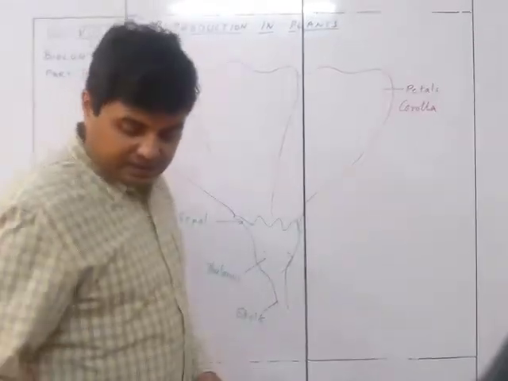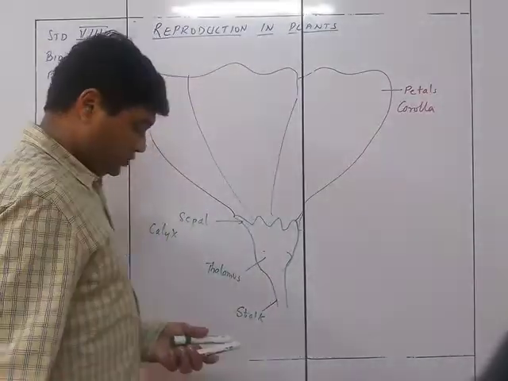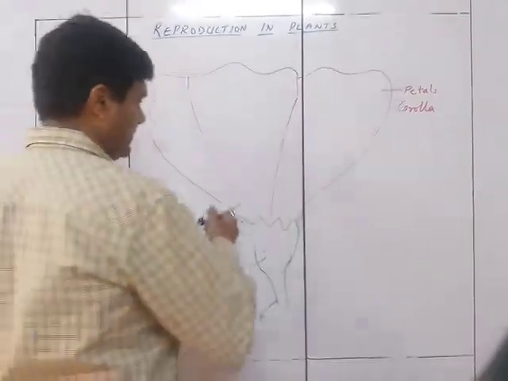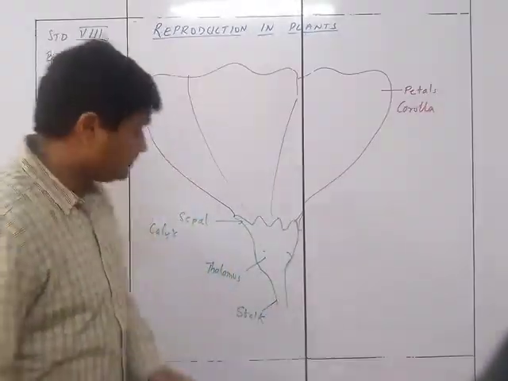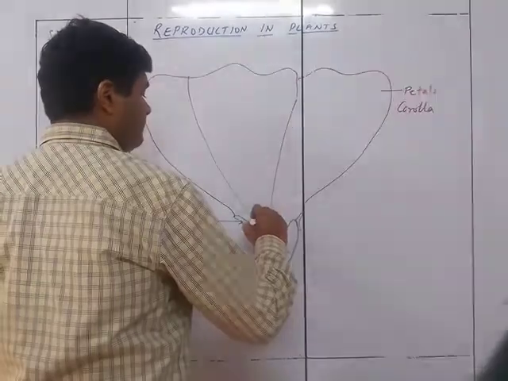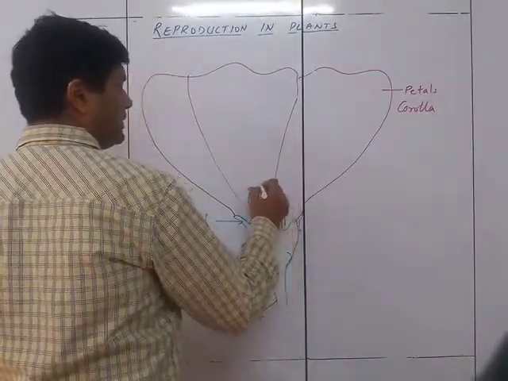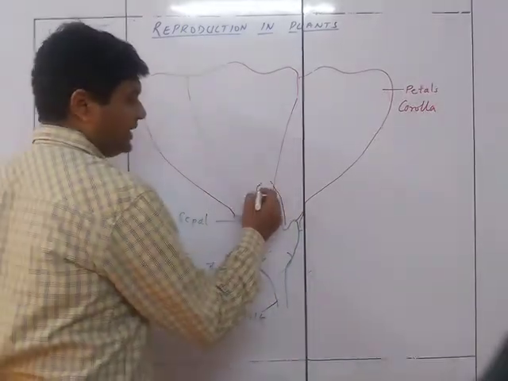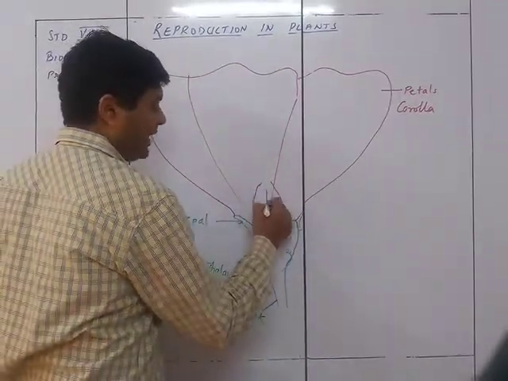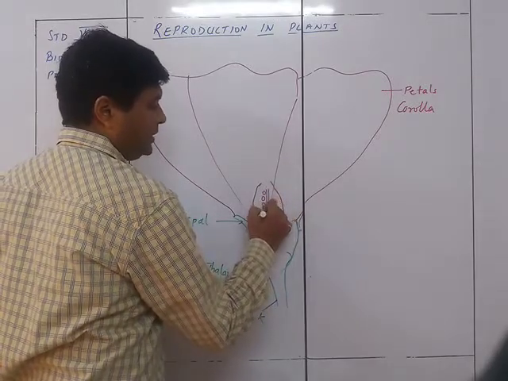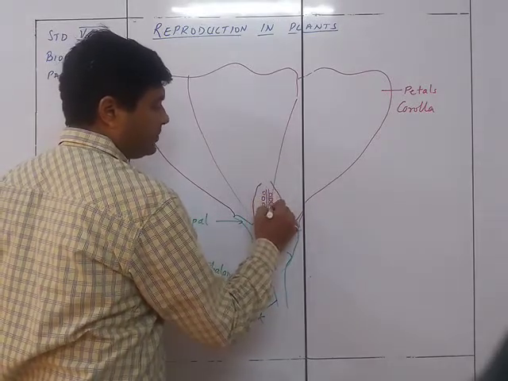The first one is, let's take the female part. So we take the female part as blue. The female part will be like this, with a bulging part which has the placenta, and these are the eggs, which are nothing but the ovules.